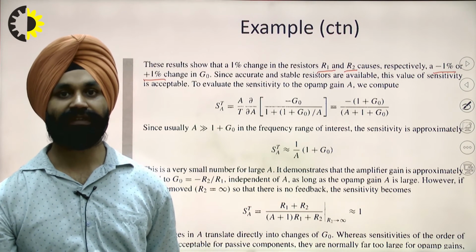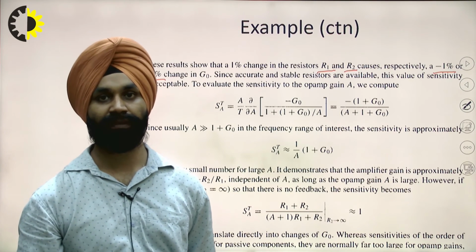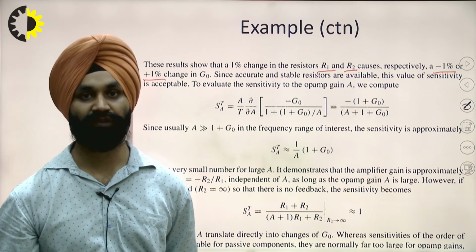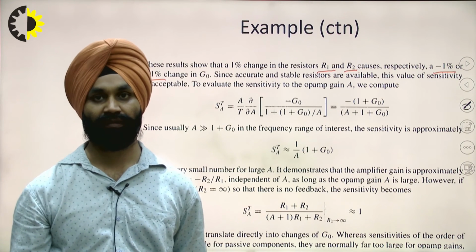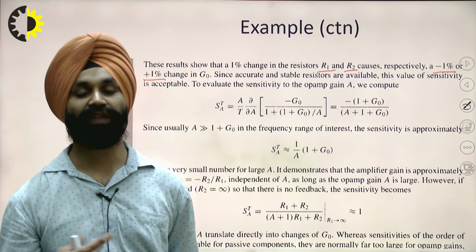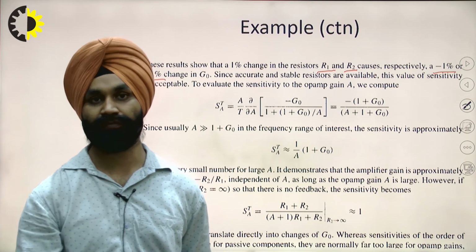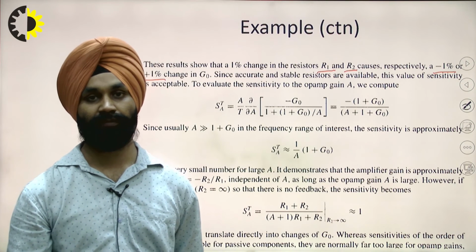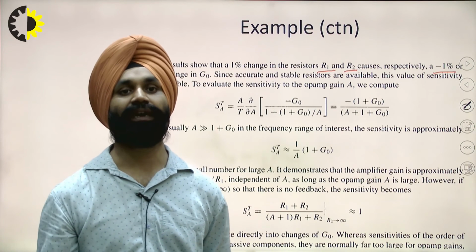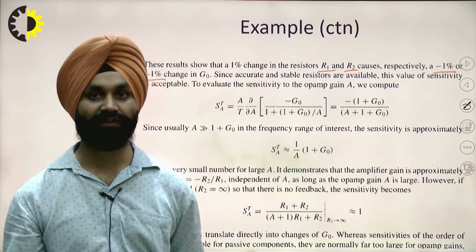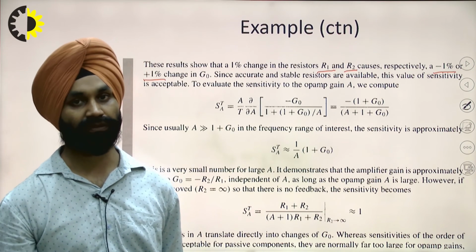To evaluate the sensitivity of the op-amp, which is also a component that can vary, we have assumed the gain A. So we can have the sensitivity of the transfer function with respect to A, because A is also a component that can vary.